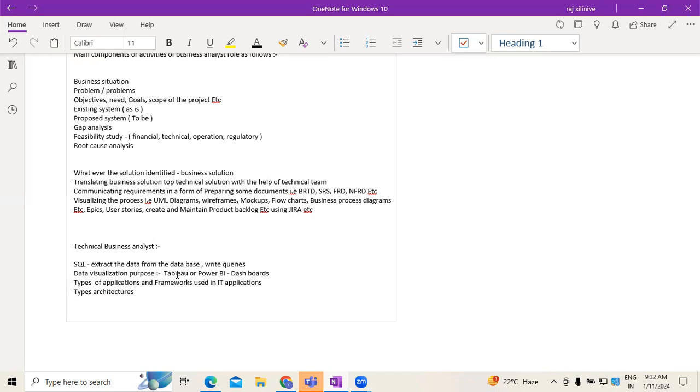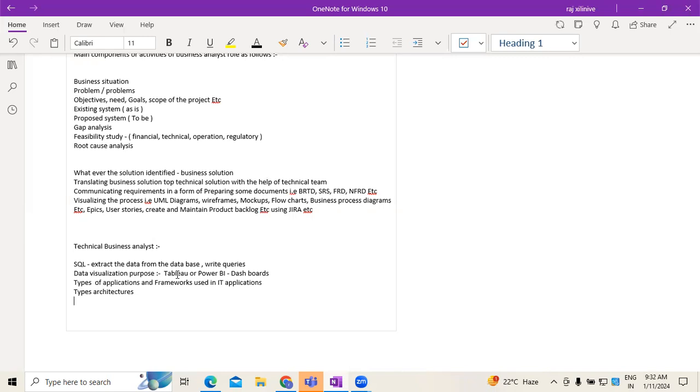I'm not saying that you need to do solution architecture, but when we are interacting with stakeholders like technical people, the jargon and terminologies are something we have to be good with. This is another element we have to be good with.